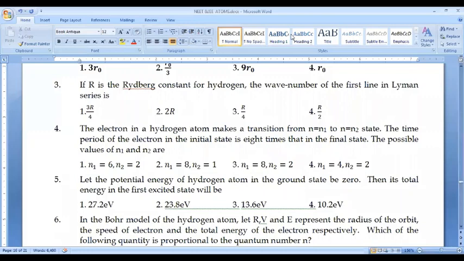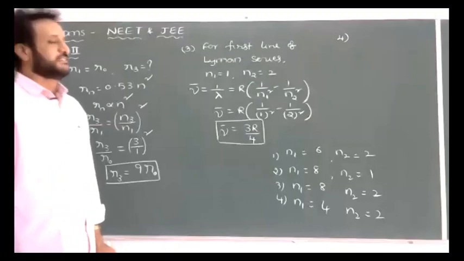The possible values of n1 and n2 are, that is the question.